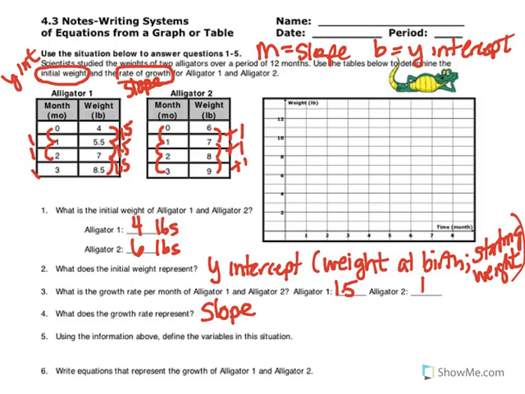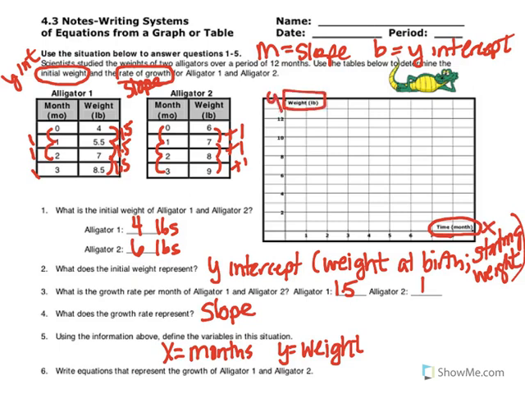So how about we use x equals the number of months and y equals the weight. Now, a little clue on why I picked those: here it says time in months, and it's right there on the x-axis. Here it says weight, right there on the y-axis.